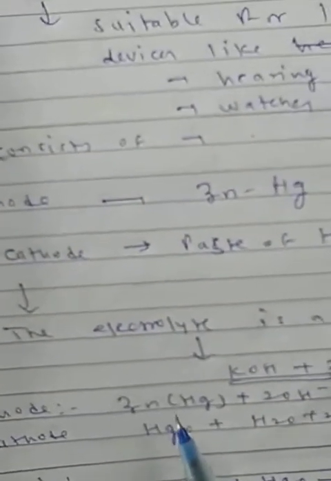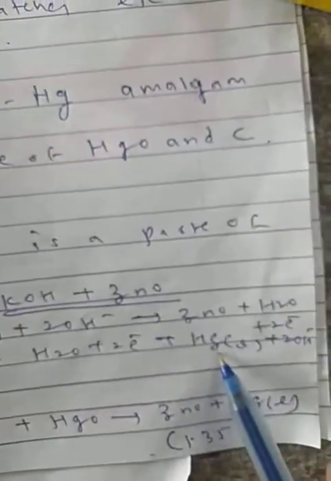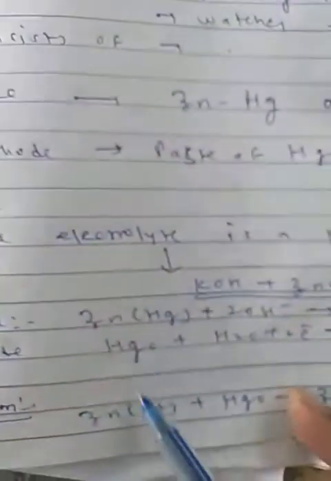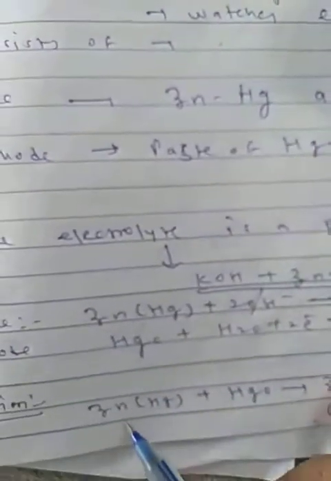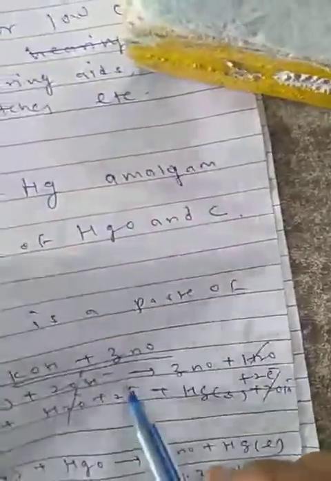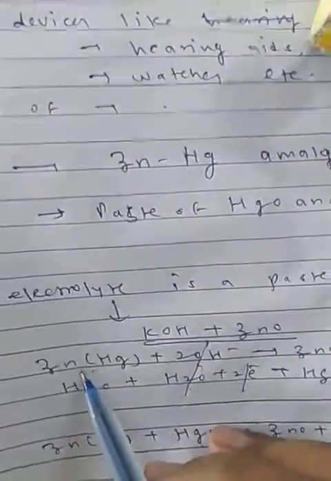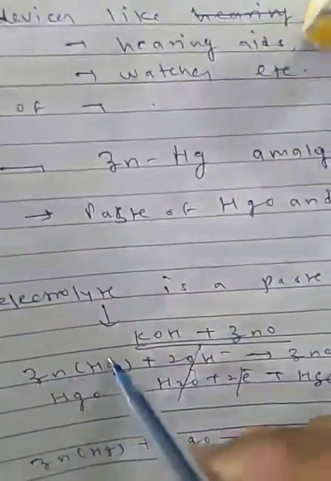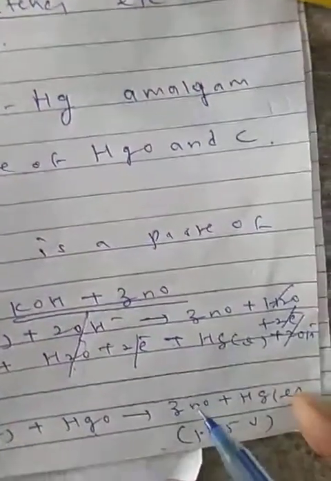At the anode, the reaction is Zn plus Hg plus 2OH- gives ZnO plus H2O plus 2 electrons. At the cathode, HgO plus H2O plus 2 electrons gives Hg plus 2OH-. So the net reaction: the 2OH- gets cancelled, H2O cancels, and 2 electrons cancel. The net reaction is Zn plus HgO gives ZnO plus Hg.